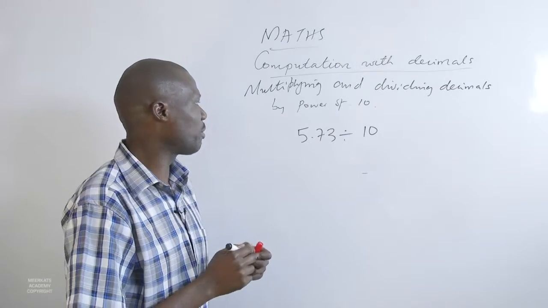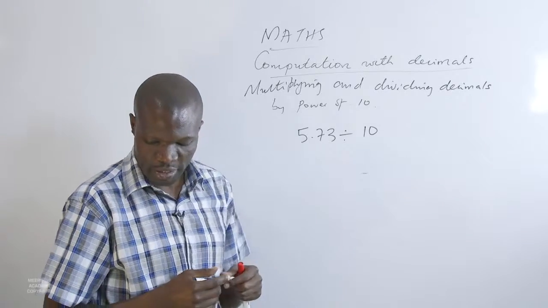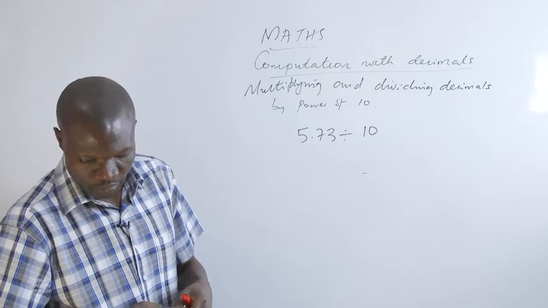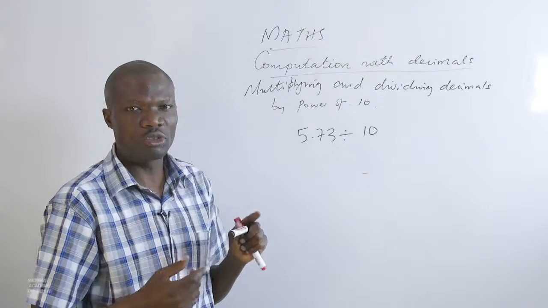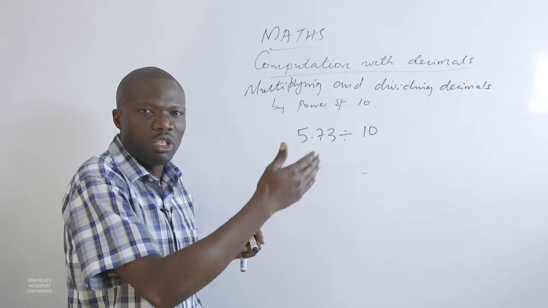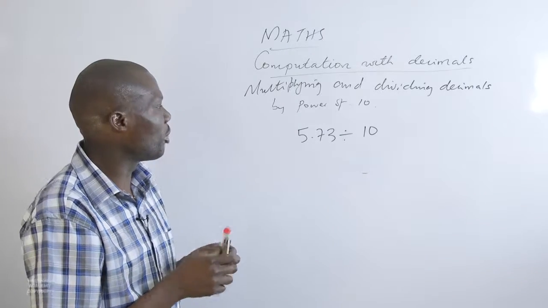So we have 5.73 divided by 10. We are looking at 10. So we are to find out how many steps, as you have seen, it should move to the left. So how many steps will the decimal point move?